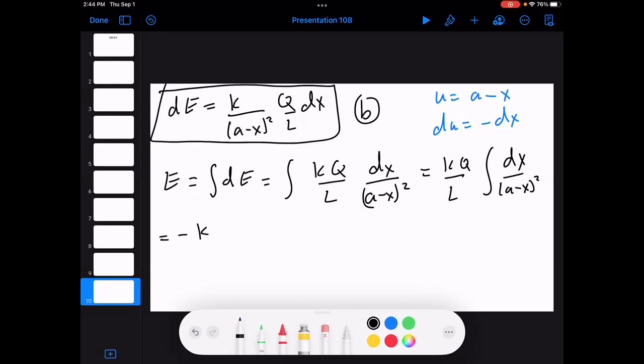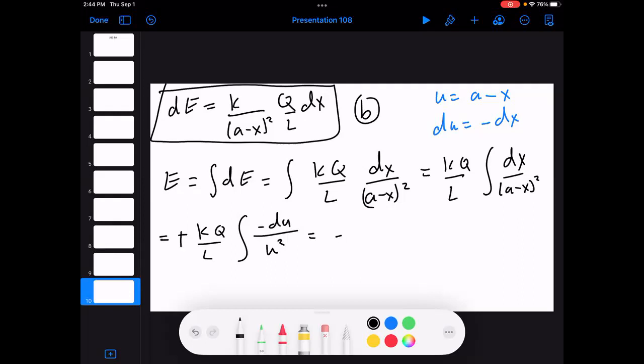So to make that substitution, we have negative du over u squared. And there shouldn't be a minus sign there, sorry.